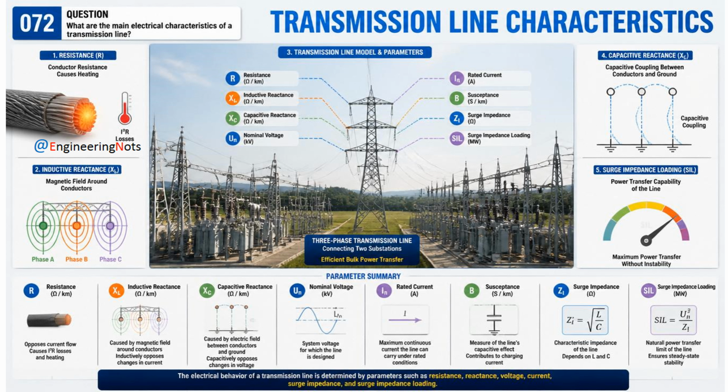Some of the main characteristics are: conductor resistance, inductive reactance, capacitive reactance, nominal voltage, rated current, susceptance, surge impedance, and surge impedance loading, also known as SIL. In summary, the electrical performance of a transmission line depends on parameters such as resistance, reactance, voltage, current, surge impedance, and SIL.